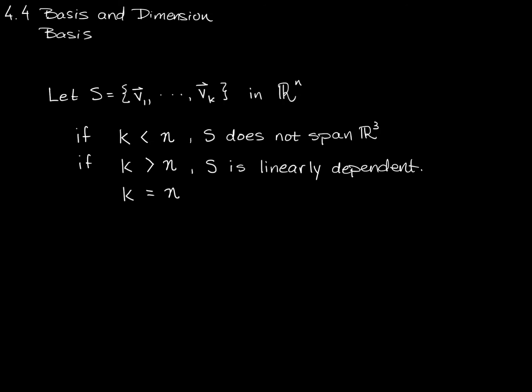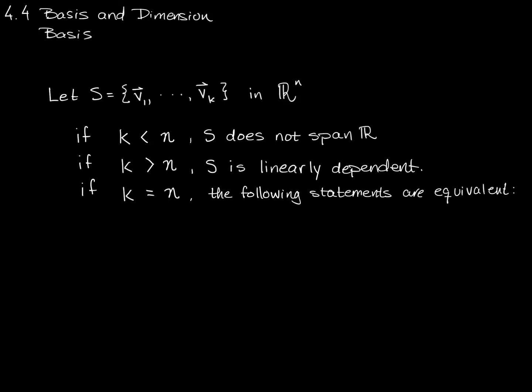But there are 3 things that we can say are equivalent. In other words, just because K is not less than N does not mean it's going to be equal. It could be greater. Just because K is not greater than N doesn't mean that they're going to be equal either. It could be less. So we cannot say that if K is equal to N, then automatically S spans Rn. That should be Rn. Sorry, let me fix that real quick.